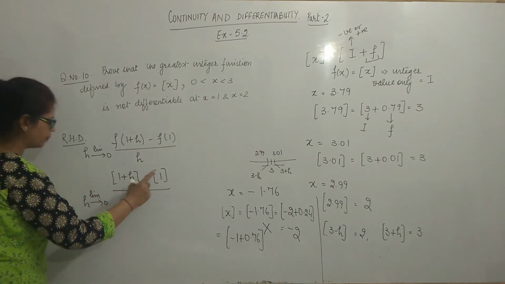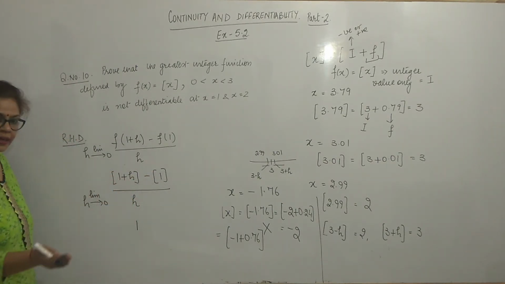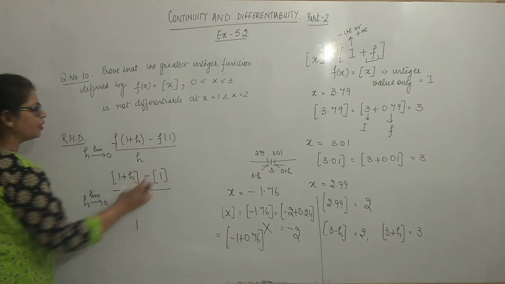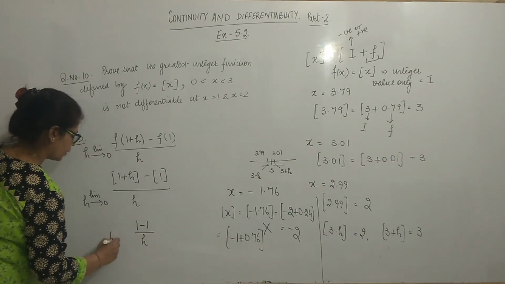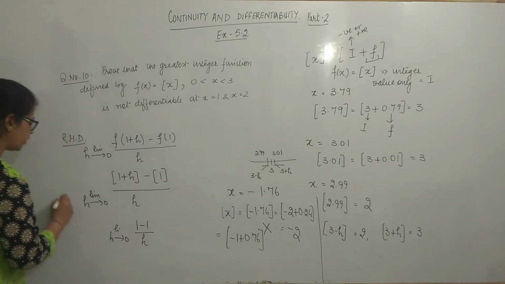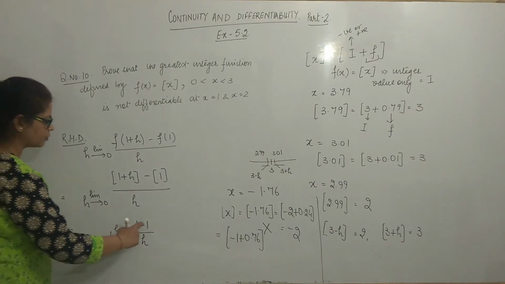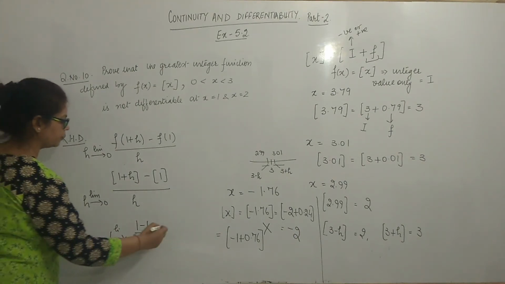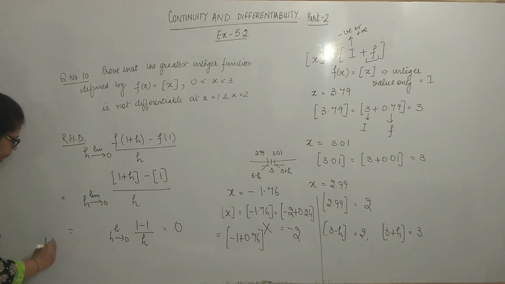It is 1, because 1 plus h is slightly greater than 1. And the integer value of 1 is 1. First, solve the function and then take the limit. 1 minus 1 is 0. 0 upon h is 0, and as h approaches 0, the limit is 0. Now, left hand limit, left hand derivative.